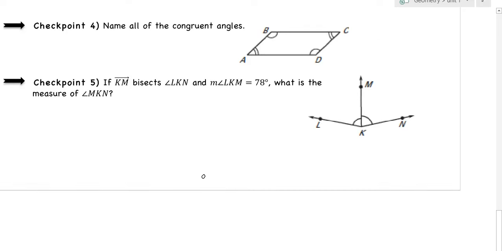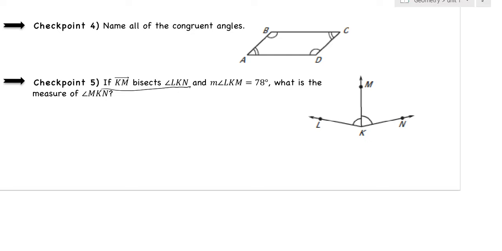So checkpoint 5 here says if KM bisects angle LKN, and the measure of LKM is 78 degrees, what is the measure of angle MKN? So we have an angle bisector being given here, but we have not yet defined an angle bisector.